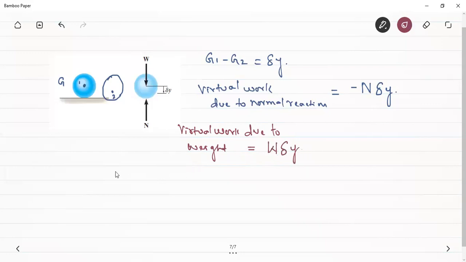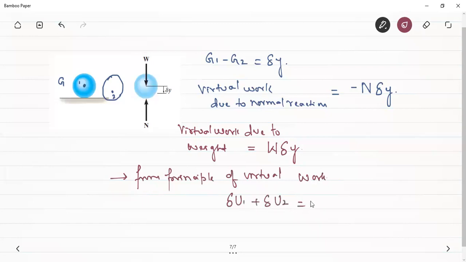We also know from the principle of virtual work that delta U1 plus delta U2 should be equal to 0. Their algebraic sums have to be taken into account, therefore minus N delta y plus W delta y has to be 0.